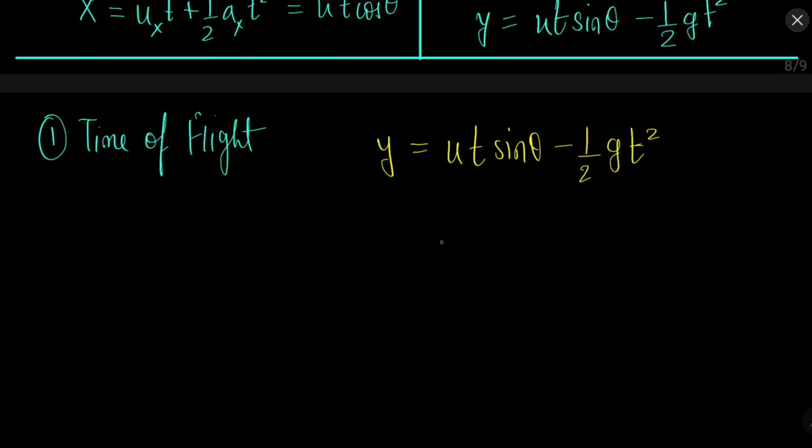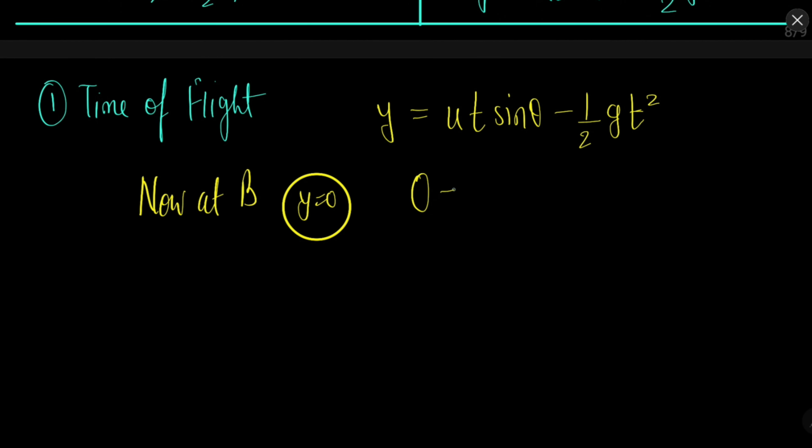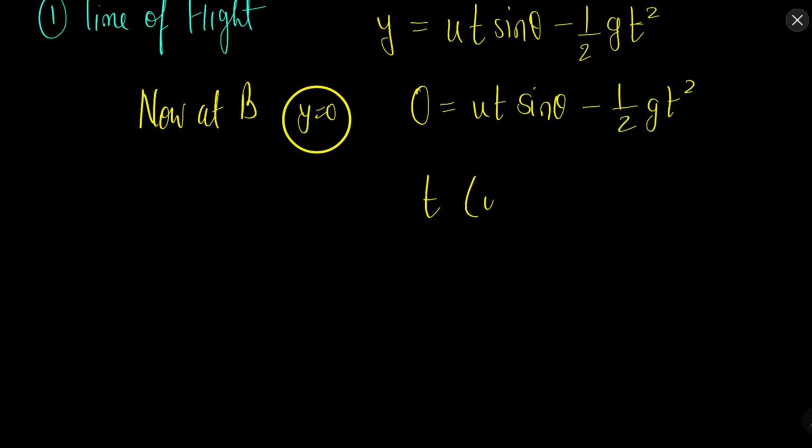Okay, now here we can do one more thing. Now what will happen at point B? At point B, y will be equal to 0, because you are at the bottommost location. So 0 equal to ut sin theta minus half gt square, which gives u sin theta minus half gt equal to 0.